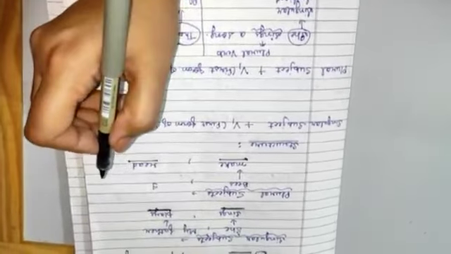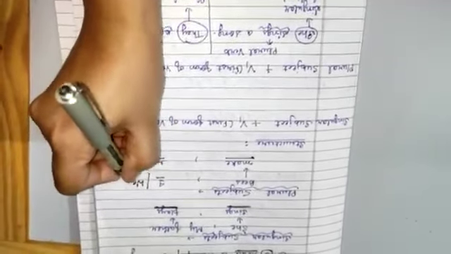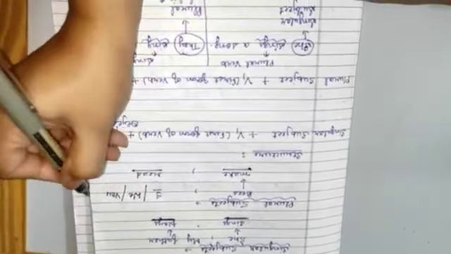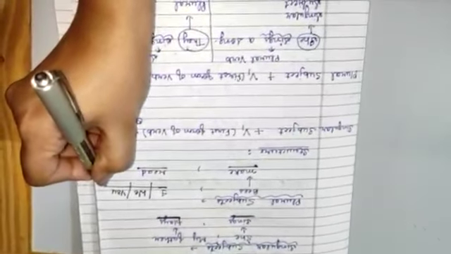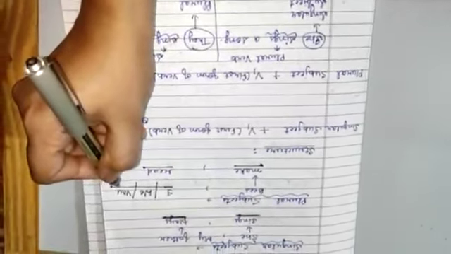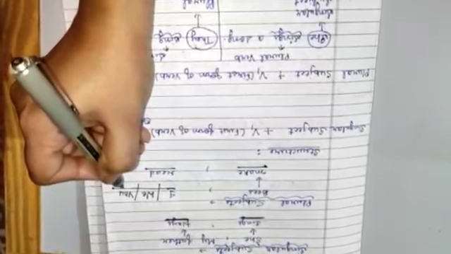But remember here, kids, that I, we, and you, these three pronouns or subjects are considered as plural subjects in simple present tense.